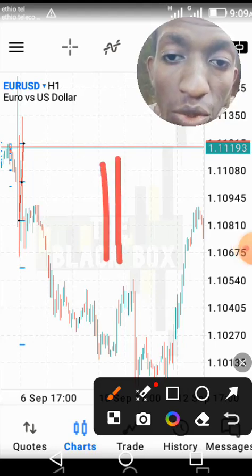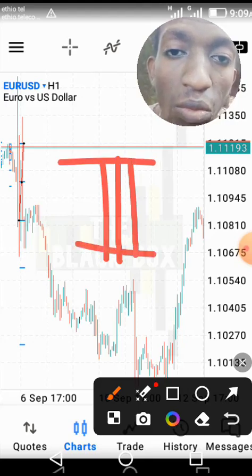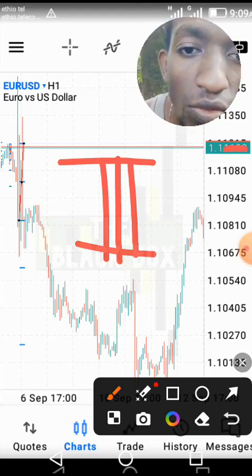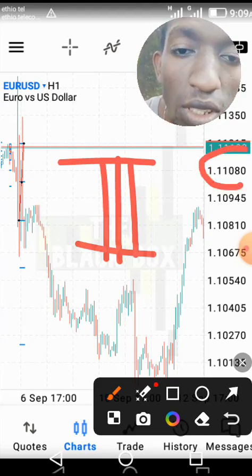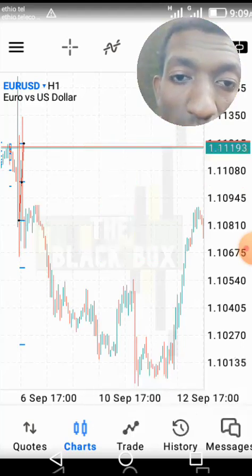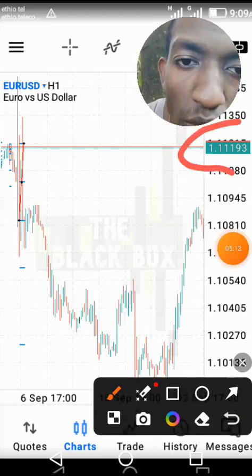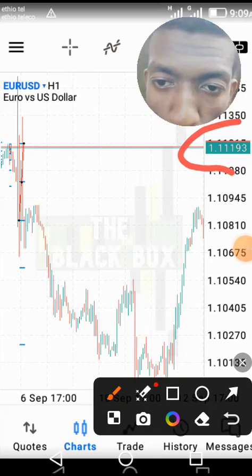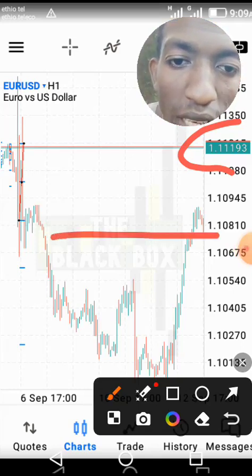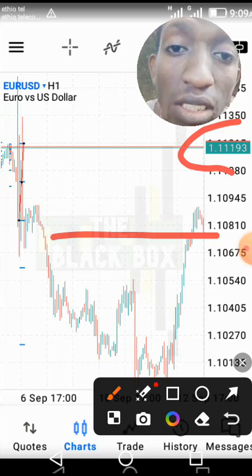huge price swings, if they decide to control this much price swing, mind you, as an example, we can take this one. It is from 1.11193 to the price level 1.10810.